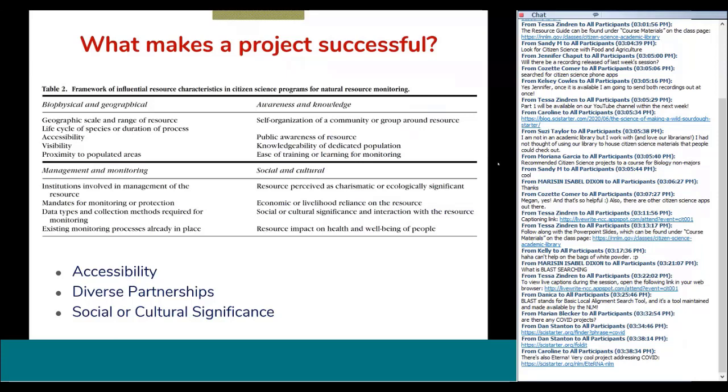Of these, a few emerged as critical for fostering a supportive environment for successful and enduring programs. And they were accessibility to the resource, having multiple coordinating institutions and diverse partnerships involved in management, and the strong presence of at least one characteristic that indicated a social or cultural importance.